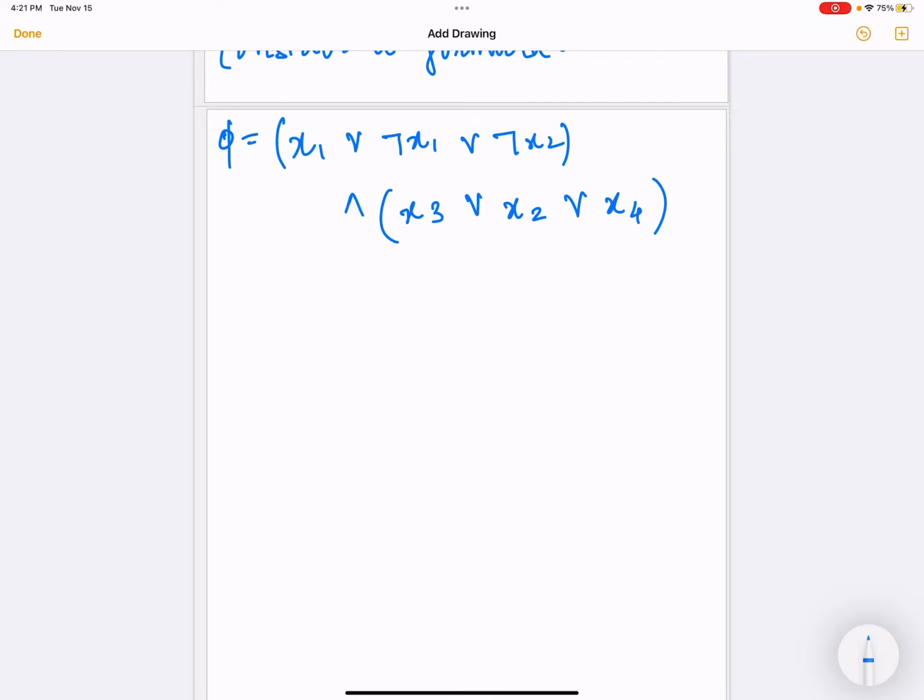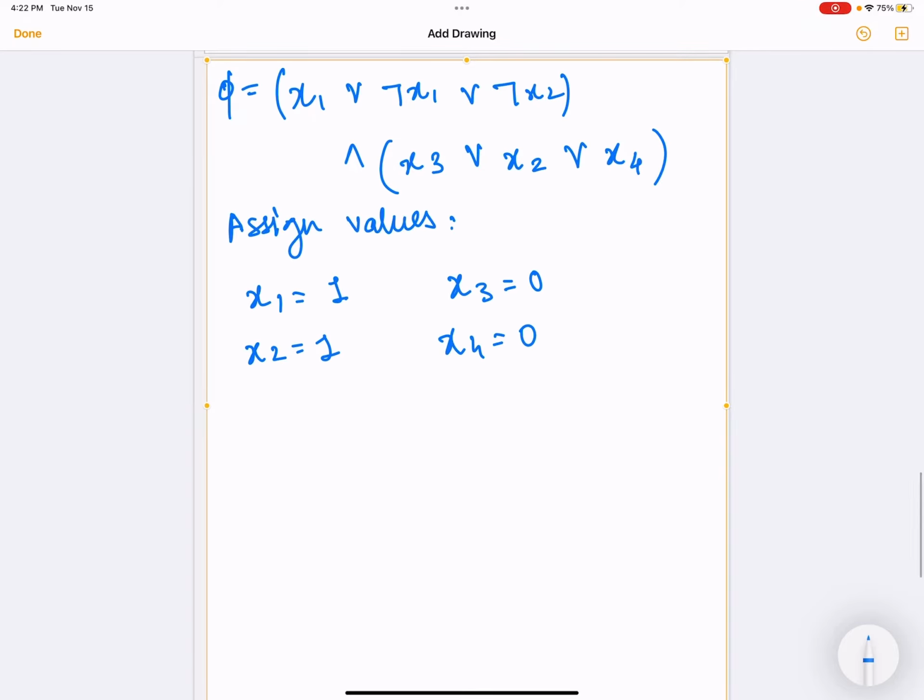Now first we have to assign values to these literals. So let's assign values. Let's take x1 is equal to 1, x2 is equal to 1, x3 is equal to 0, and x4 is equal to 0.